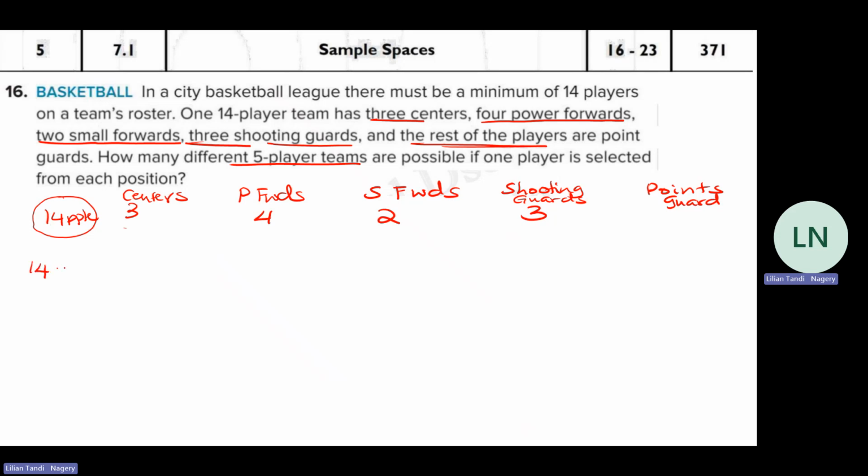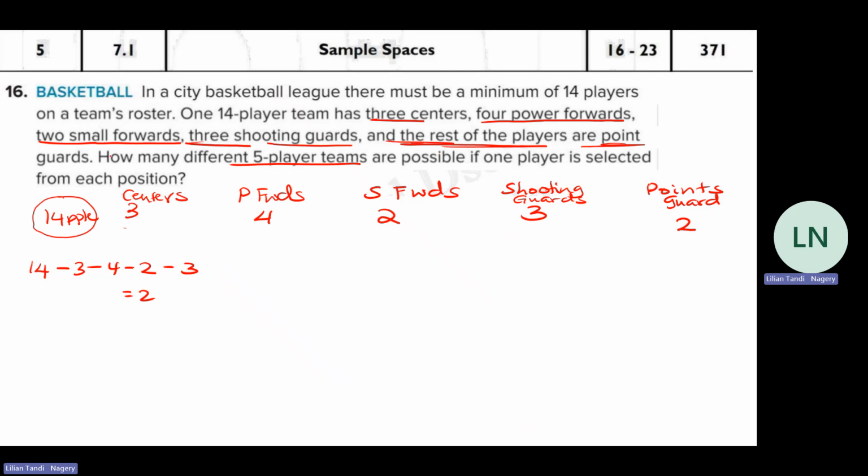So 14 minus 3 minus 4 minus 2 minus 3, and that should give you 2. So there's 2 point guards. You have to do all that. If you don't do that, that's where the question is getting you, because they know you're going to forget. The rest you needed to find.